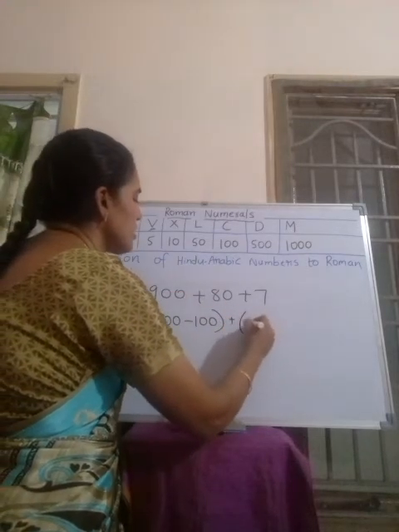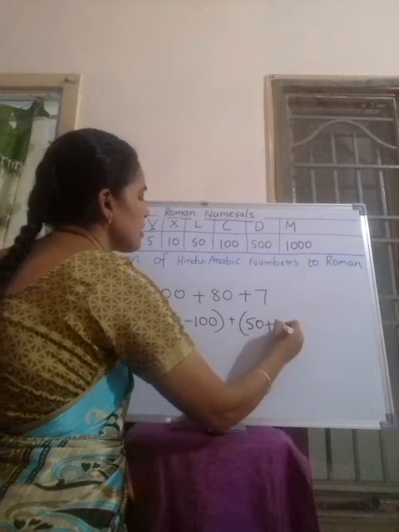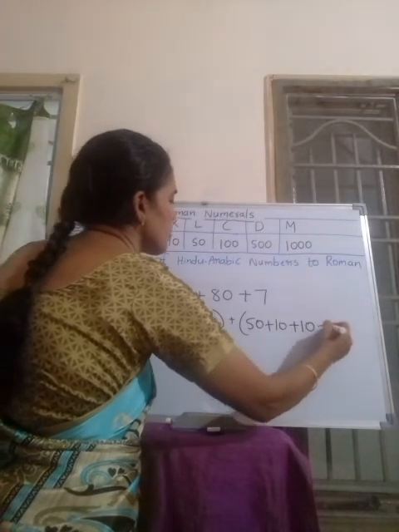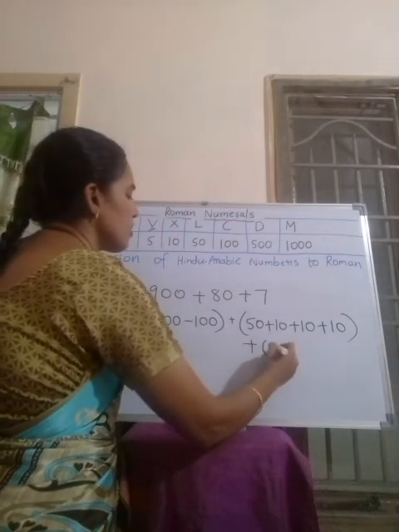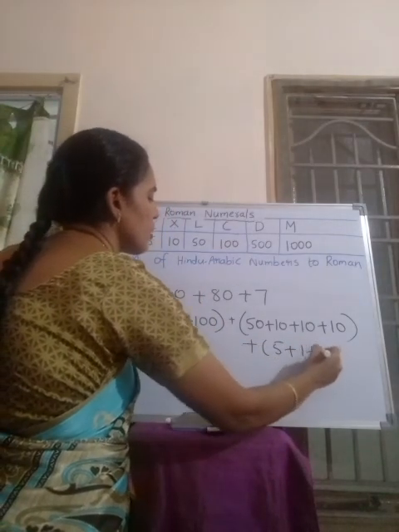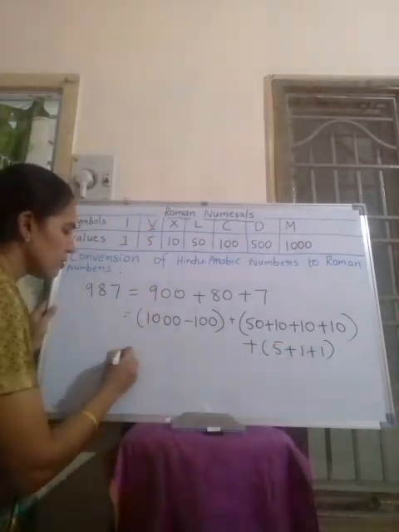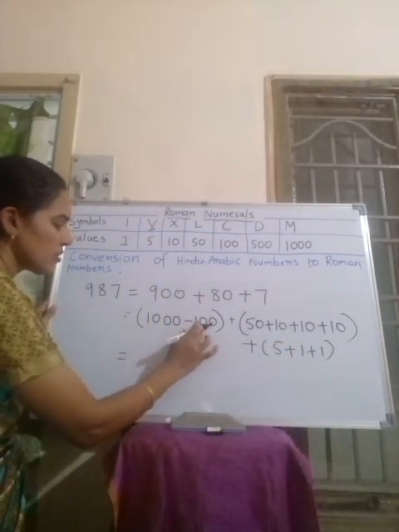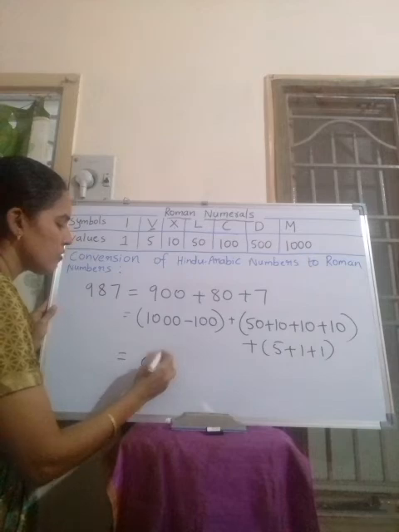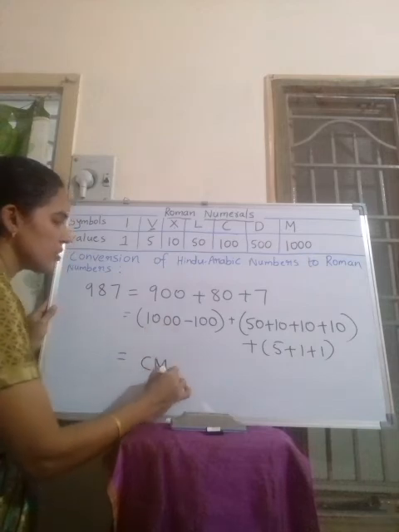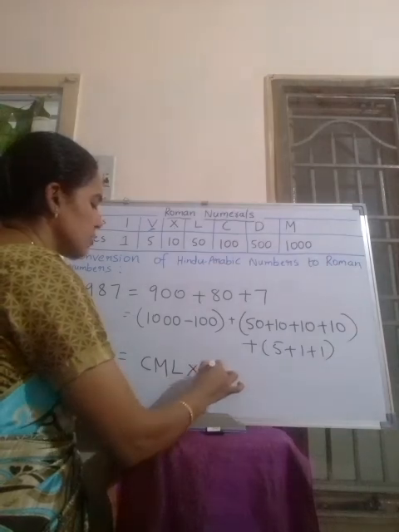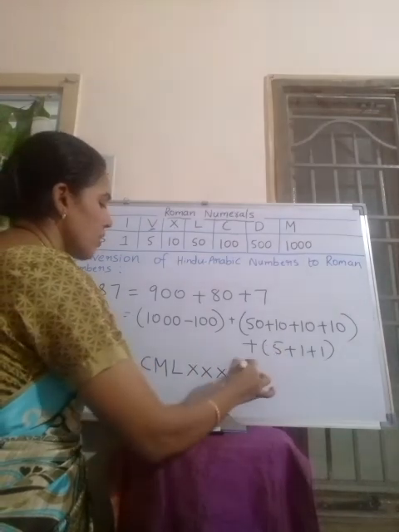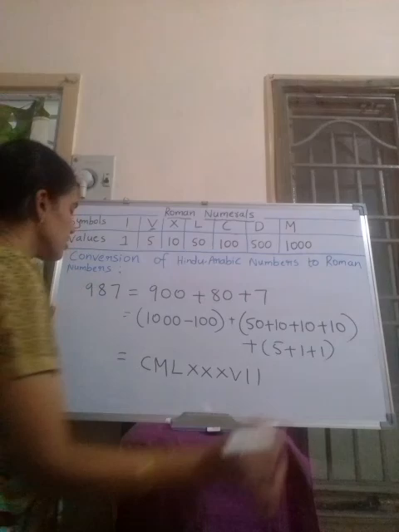And for 80, 50 plus 3 times 10, yes, we can use 50 plus 10 plus 10 plus 10. Then for 7, 5 plus 1 plus 1. Now write all the symbols: 1000 minus 100, that is the C symbol on the left side and the 1000 symbol M, and next 50 is L and X 3 times, and then 5 is V, I, I. This is how we write 987.